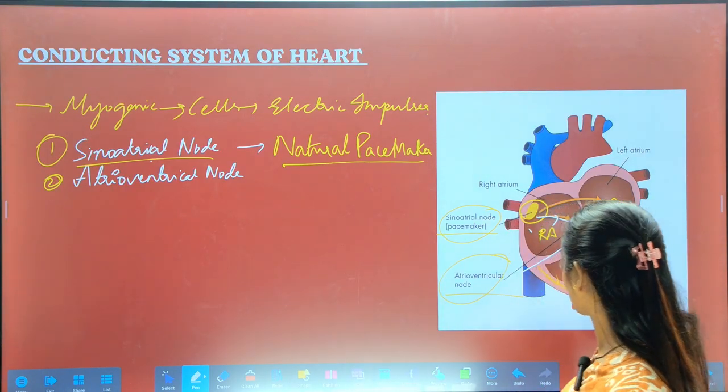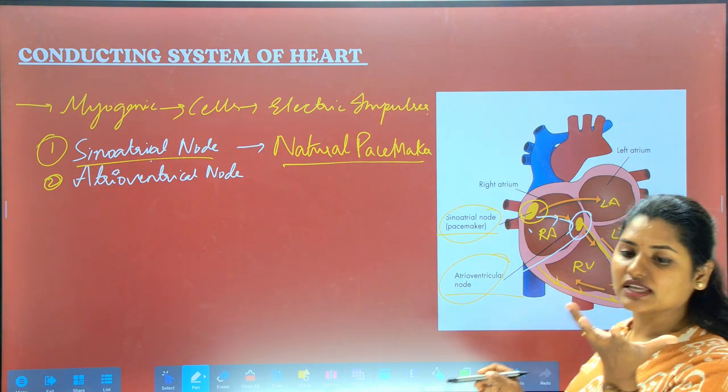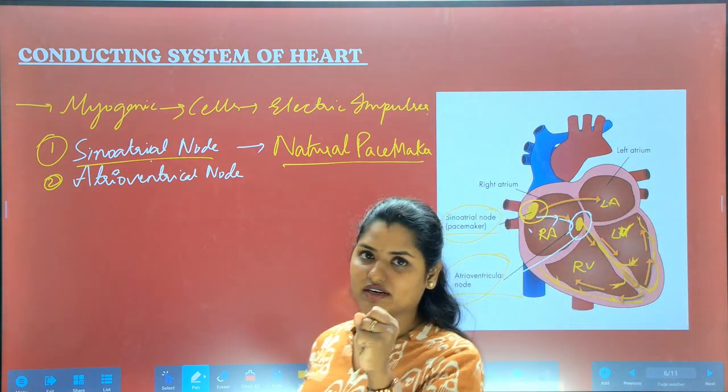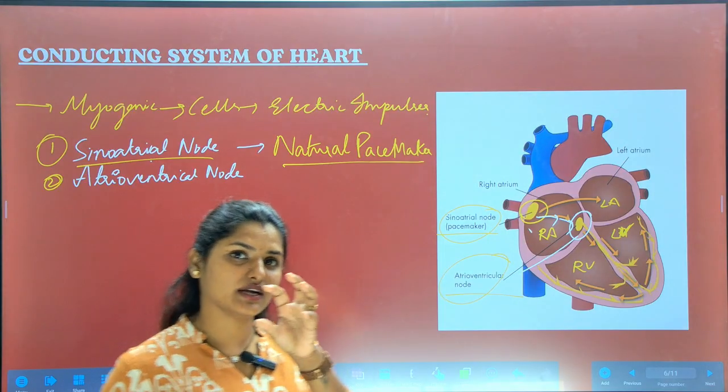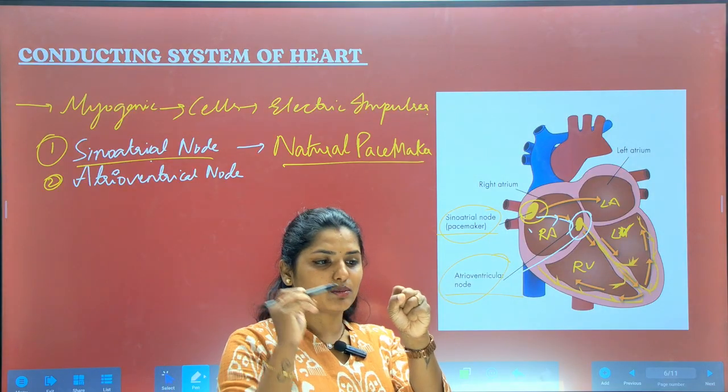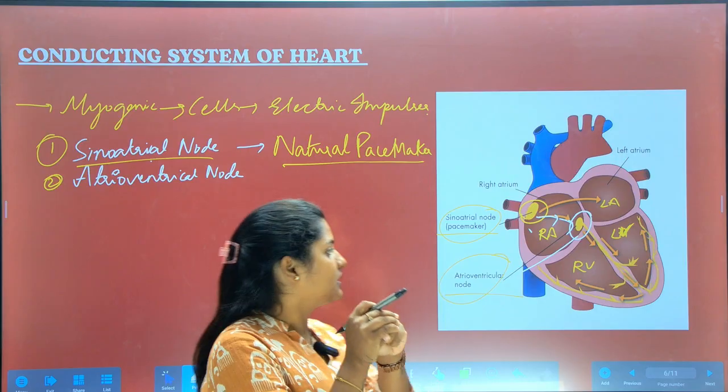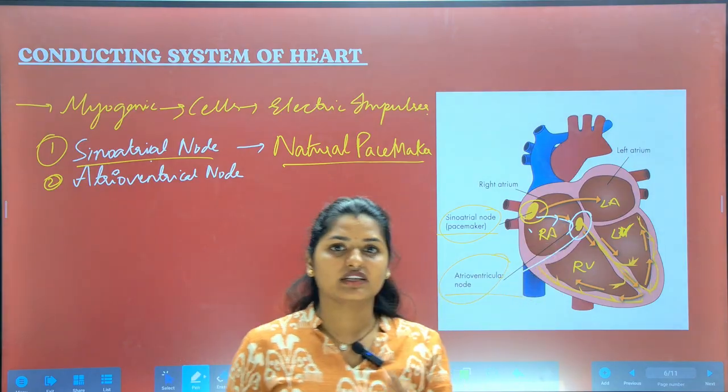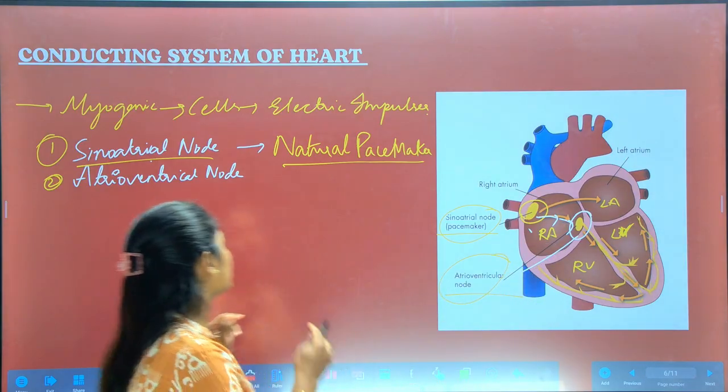That means the right atrium will be contracted. When signals come, the right atrium will be contracted like this. Blood is pumped into the right atrium, and then the AV node will get the signals. What will the AV node do?